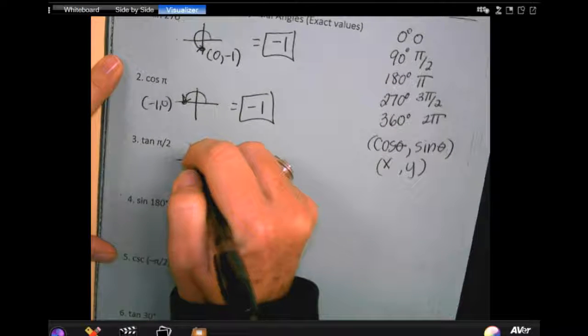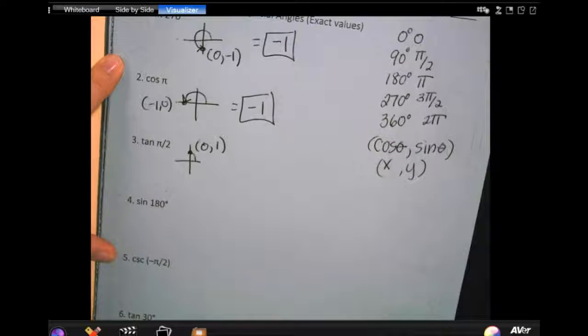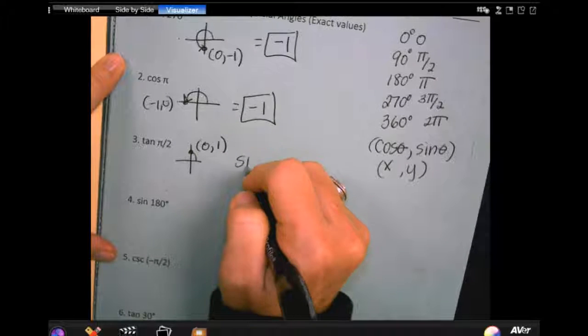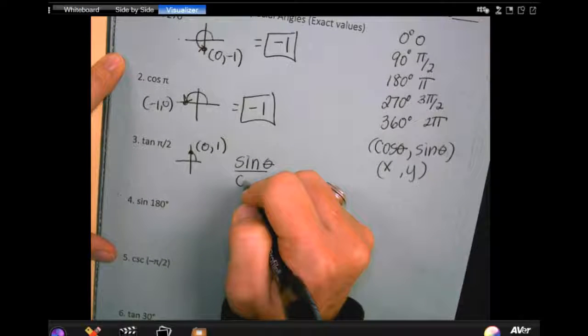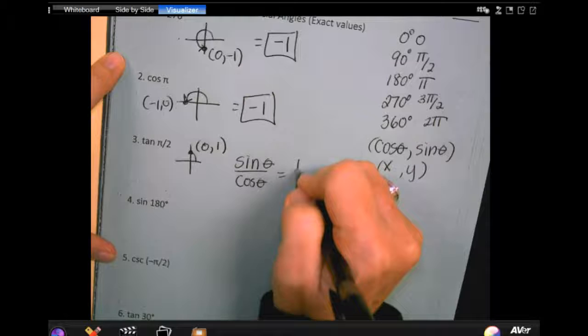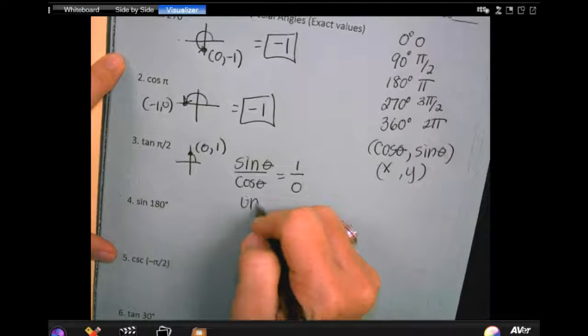The quadrantal value here is 0 and a positive 1. Tangent is the sine of theta over the cosine of theta, which means I want the y value on top and the x value on bottom. So I put 1 over 0. Can I have a 0 on the denominator? So it's undefined.